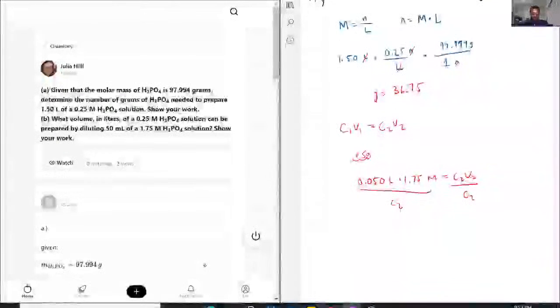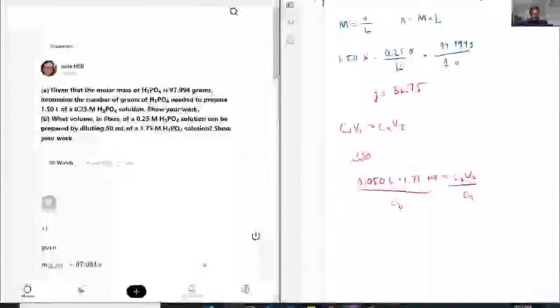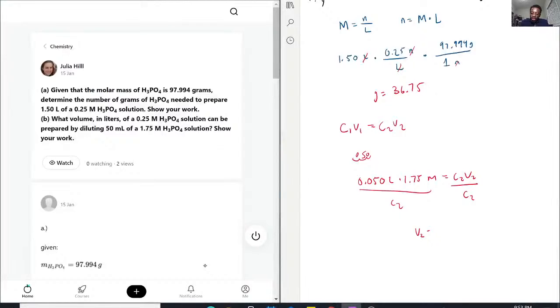We have 0.050 times 1.75 divided by 0.25. We have 0.35. So volume 2 is equal to 0.35 liters, okay? That means we actually have quite a bit. It would be 350 milliliters.